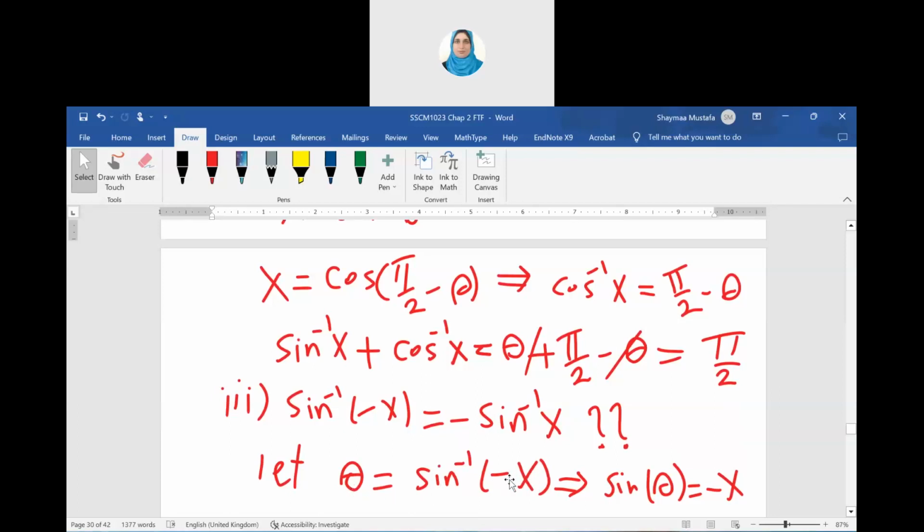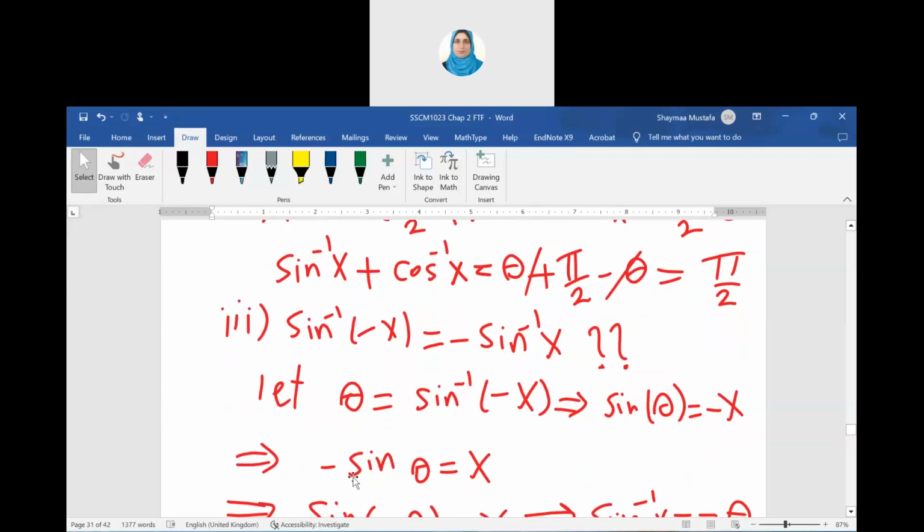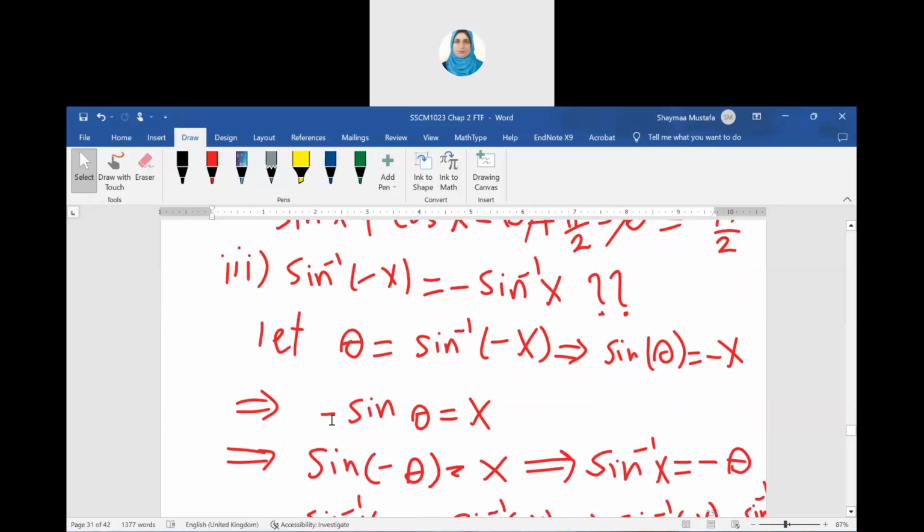Theta is equal to sine inverse minus x means that sine theta is equal to minus x. Or another way, minus sine theta is equal to x if you multiply both sides by minus. But I need to use the property of the sine that sine is an odd function.